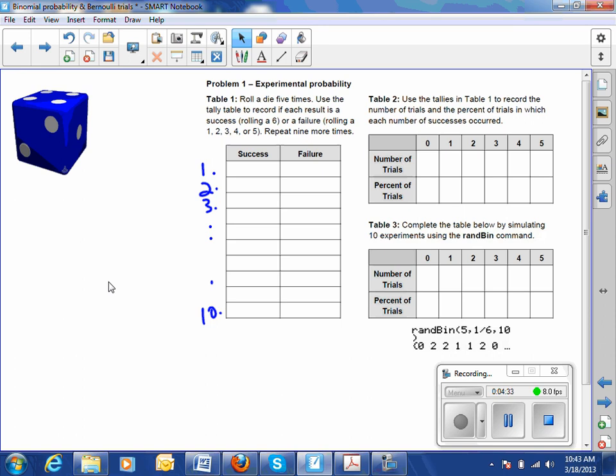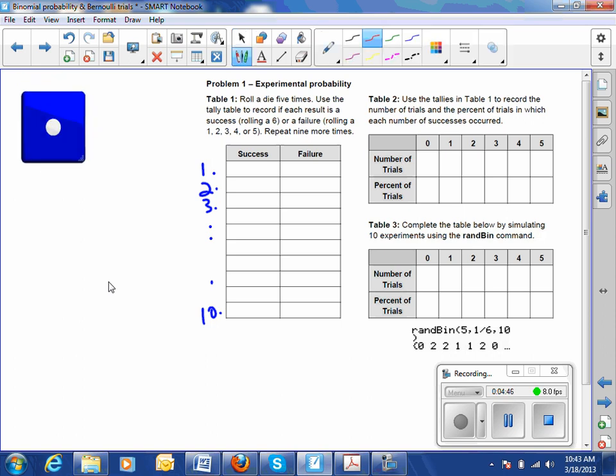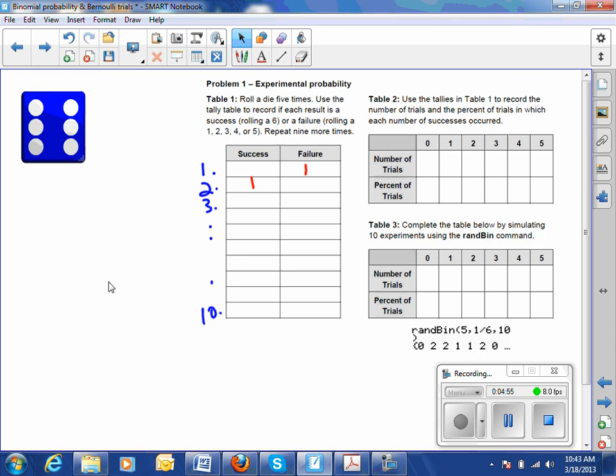All right, so Erin, are you ready to roll, literally? And let's go ahead. Actually, we're going to keep tabs, and item number 1, row number 1 will be 5 rolls.